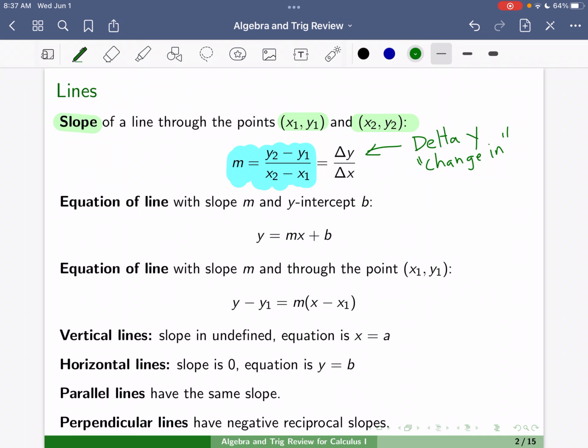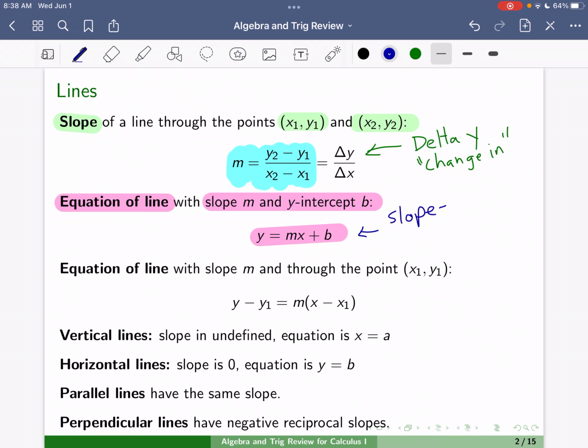When we want to write the equation of a line, there's a variety of different ways that we might write an equation of a line. So one way we could write the equation of a line is if we know the slope and we know the y-intercept, we can use this form, y equals mx plus b. That's our slope-intercept form for the equation of a line.